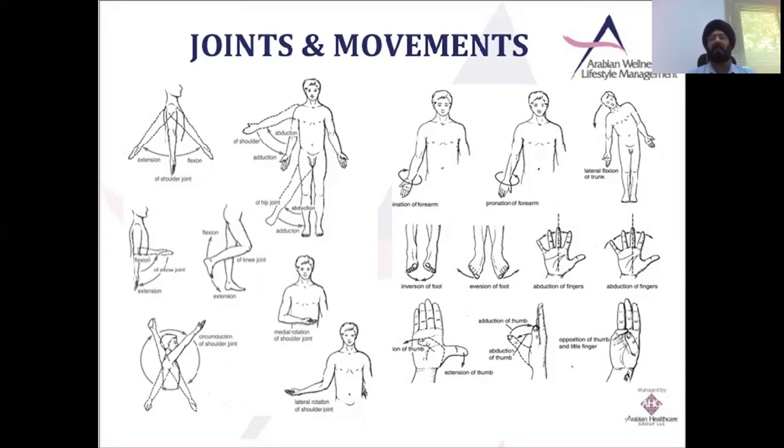Now these are the basic things, basic movements like flexion. Flexion is bending towards the proximal segment, which reduces the angle between the proximal and the distal bones. Extension is the opposite of that, straightening of the joint, where the angle between the proximal and distal end increases.